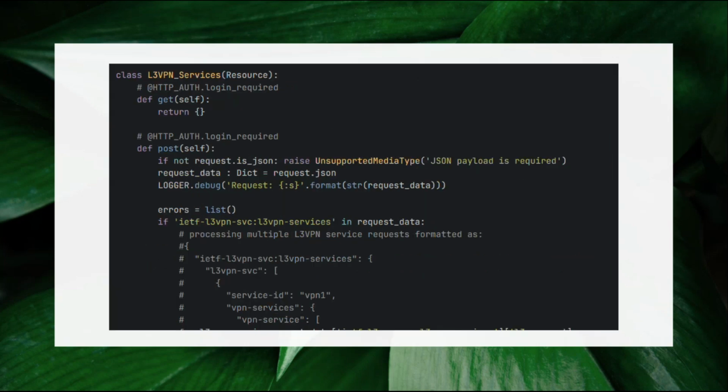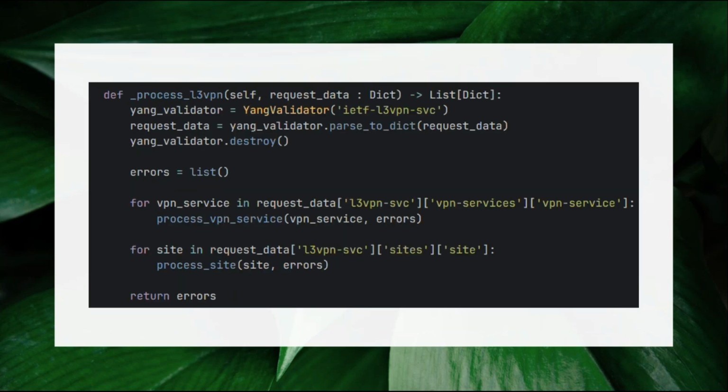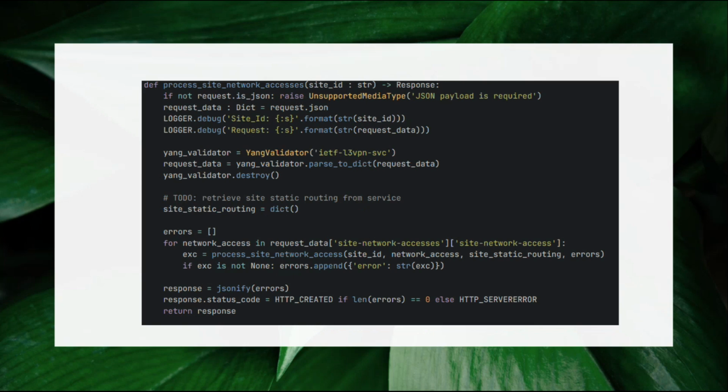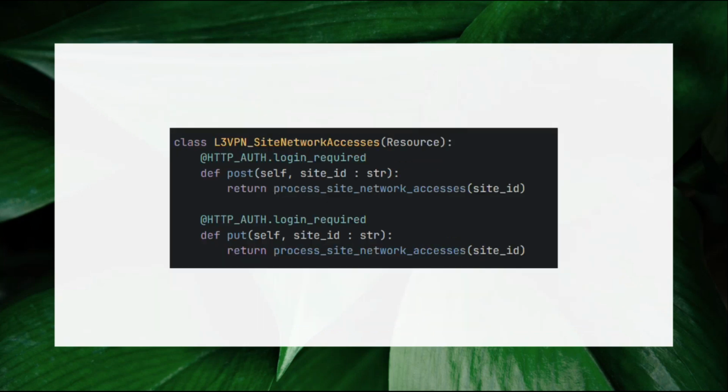And this is the L3 VPN services.py Python file. It's where the definition to post the L3 VPN is mentioned, and the processing of the L3 VPN, and the network accesses as well for the L3 VPN.